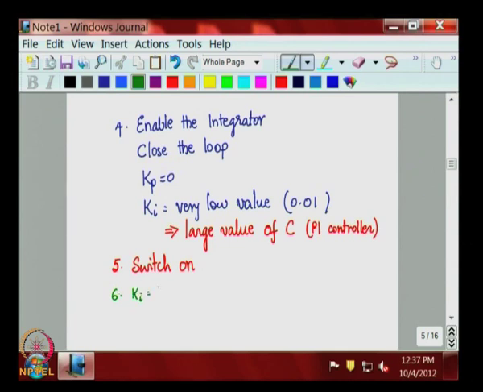Ki is fixed based on response as viewed on the scope or simulation platform.